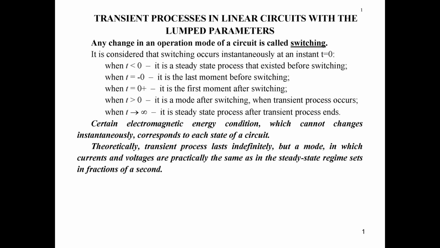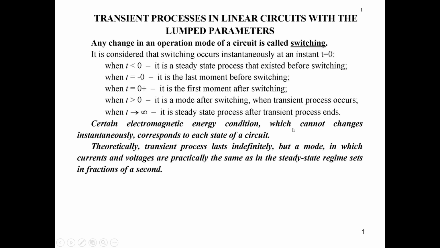And we should remember that certain electromagnetic energy conditions, which cannot change instantaneously, correspond to each state of a circuit. What it means is that electromagnetic energy, which is connected with current flowing through inductance, and it is the energy of the magnetic field, cannot change instantaneously at t equal to 0, at the moment of switching.